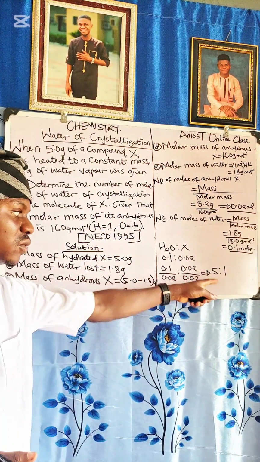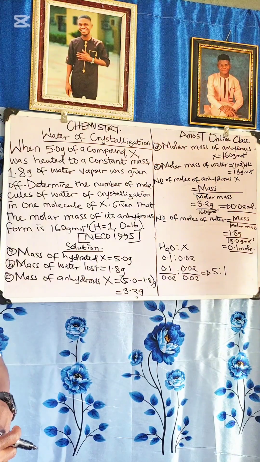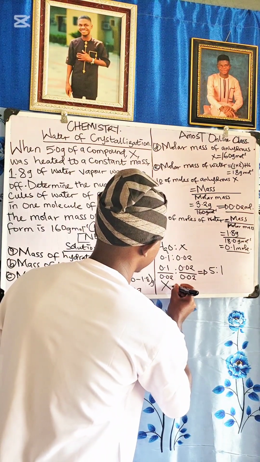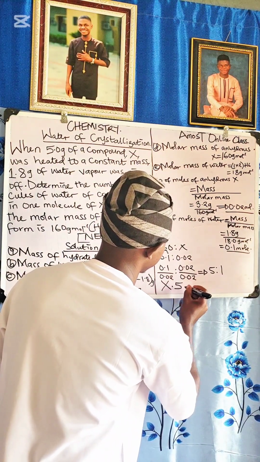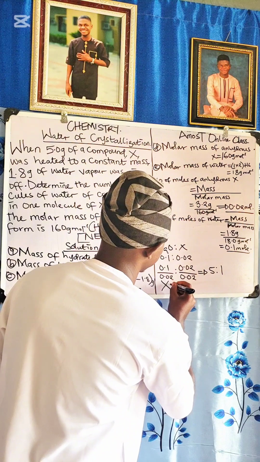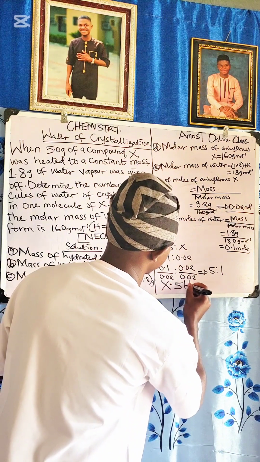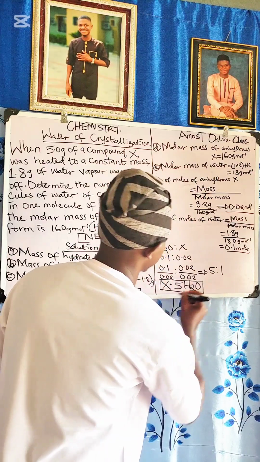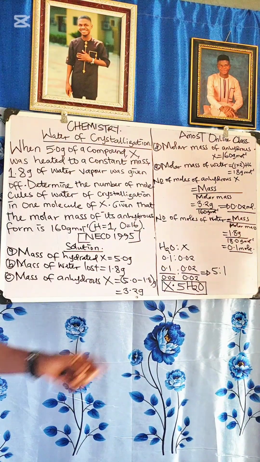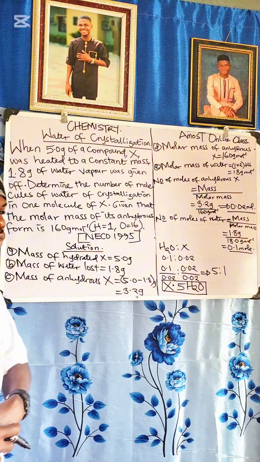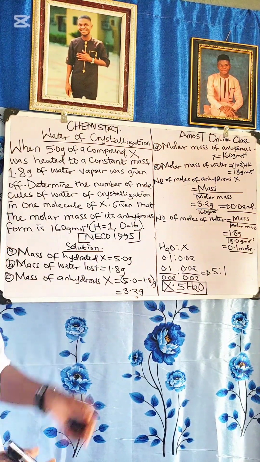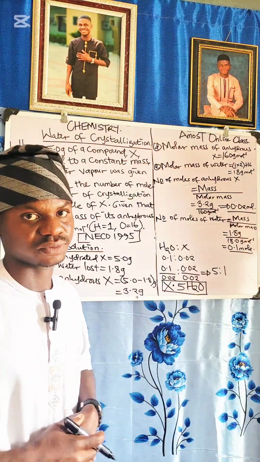That means 5 molecules of water will combine with 1 formula unit of X, and that is our final answer. That is exactly what the question is asking us to do.